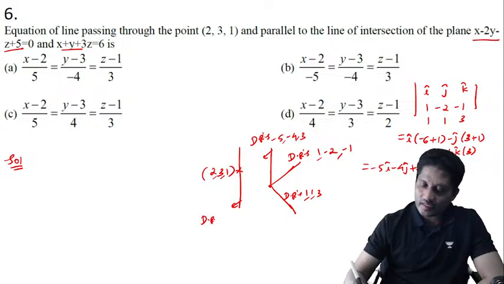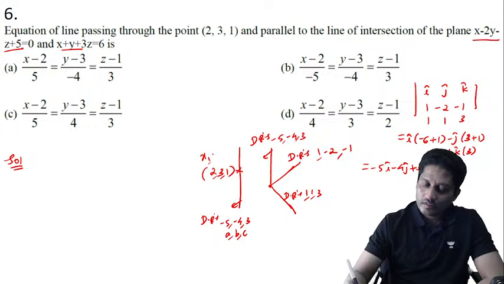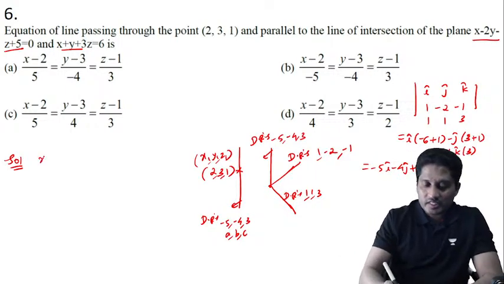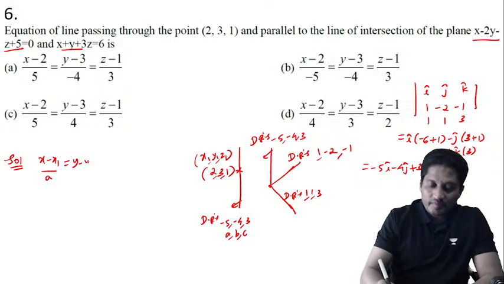If two lines are parallel, DRs will be same. DRs of this is minus 5, minus 4, minus 3 only. DRs of this is also a, b, c. x1, y1, and z1. Equation of the line is x minus x1 by a is equal to y minus y1 by b is equal to z minus z1 by c.